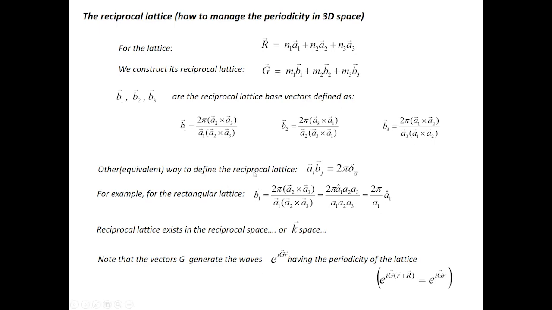An equivalent way to define the reciprocal lattice is just this definition here. The scalar product of A and B vectors is 2π times the Kronecker delta. That means it is 0 when i and j are different, and it is 1 if i and j are equal to one another.